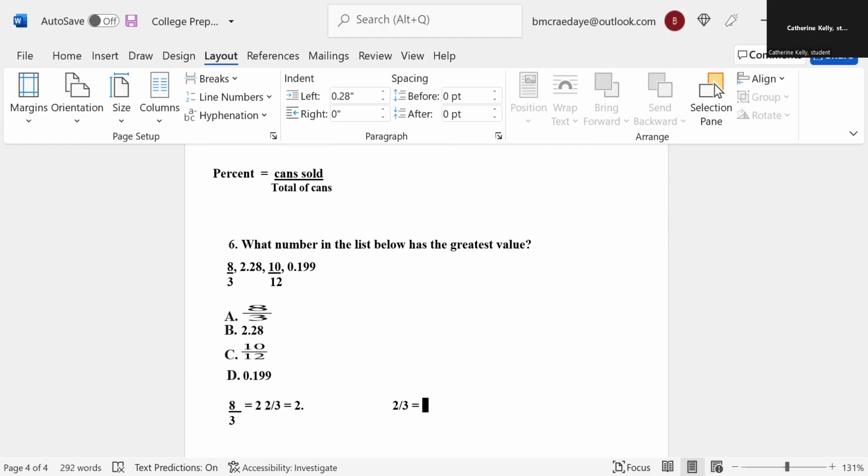Divide 2 by 3. Tell me what you get. 3 is the divisor. You want to get a decimal, so divide 2 by 3, Catherine. It's 0 point what?